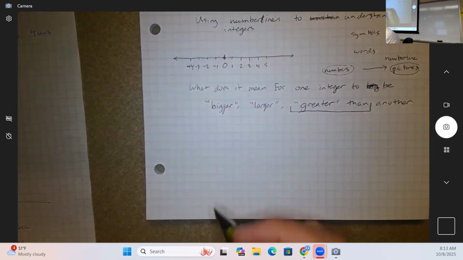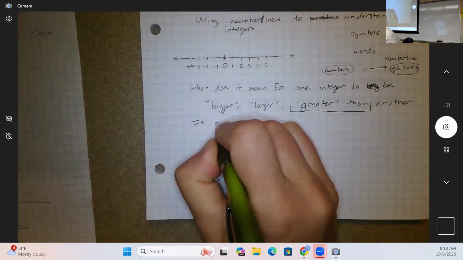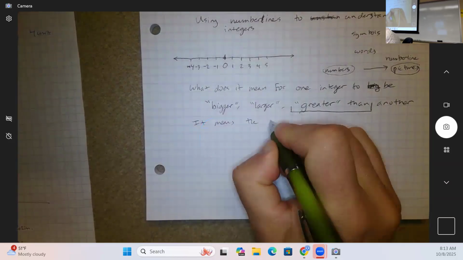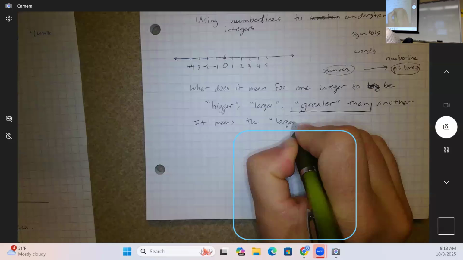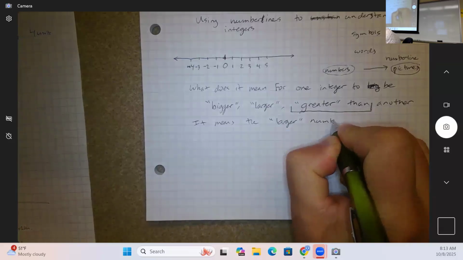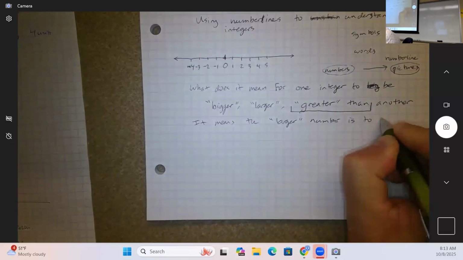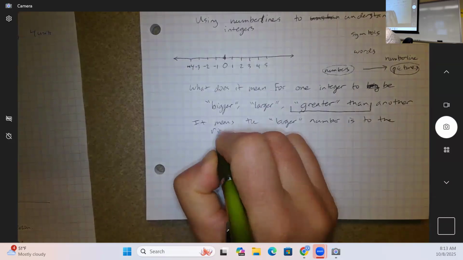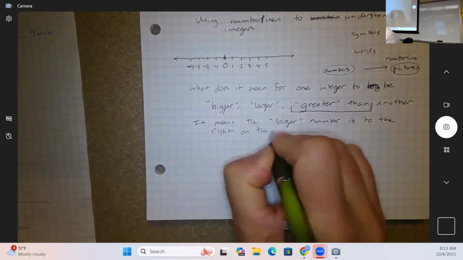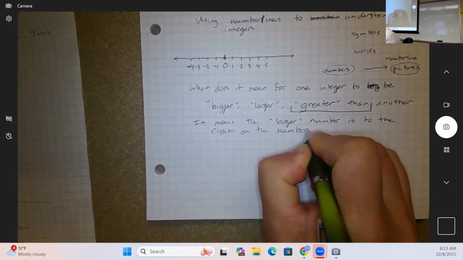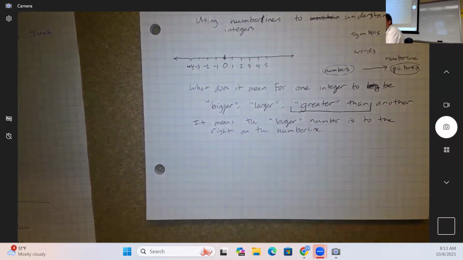It really just means the larger number is to the right on the number line. That's how we decide whether one number is greater than another. If we put it on the number line, is it to the right?